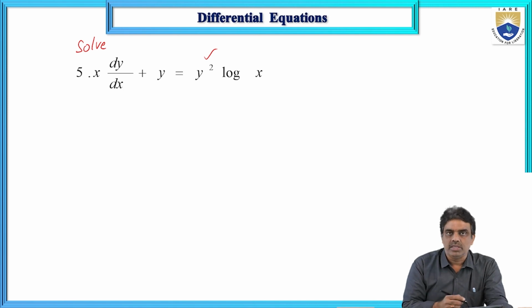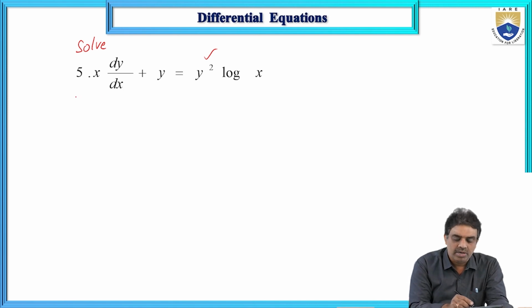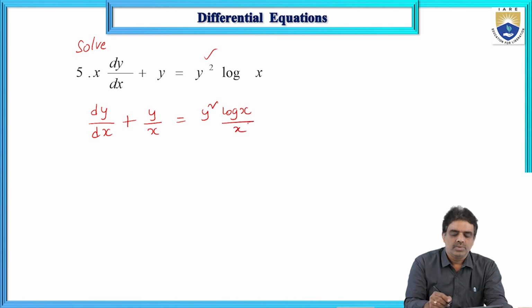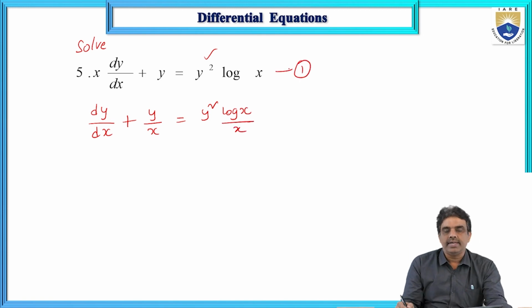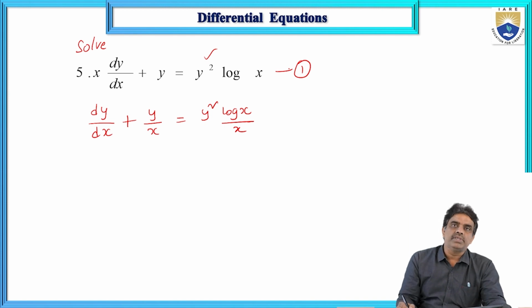So I will perform all the process here. Now on dividing with x throughout the equation, I can write the equation as dy by dx plus y by x is equal to y square of log x by x.